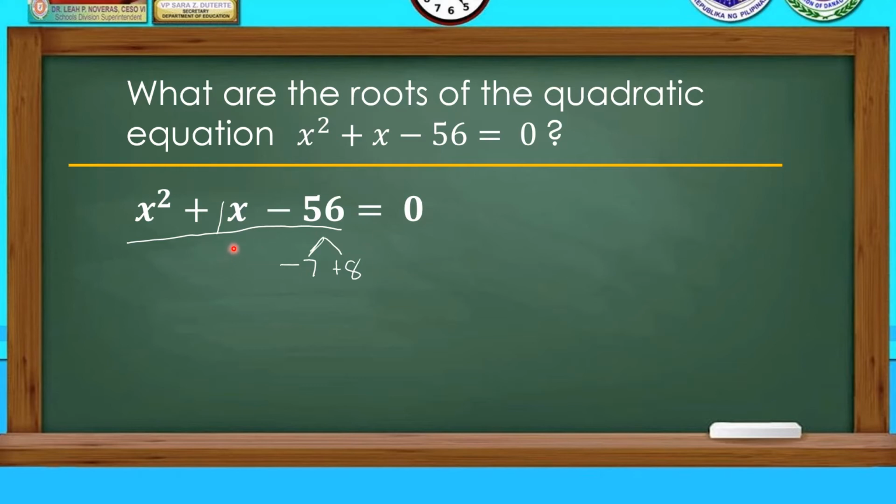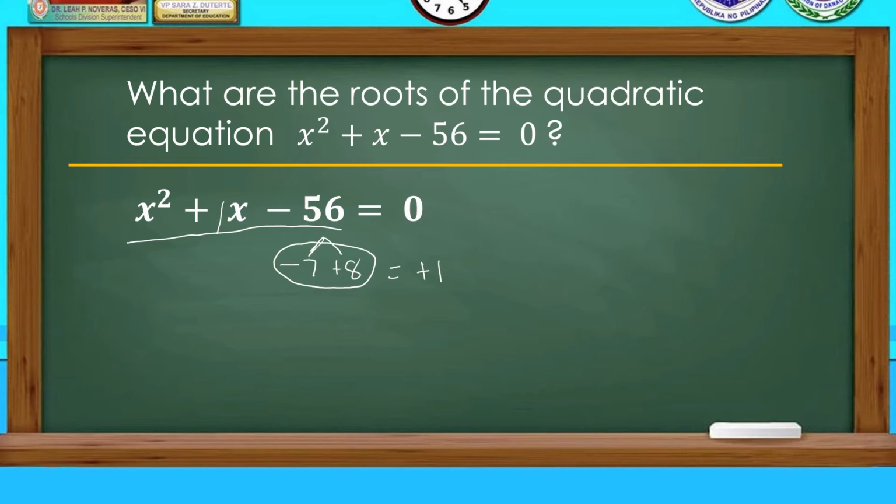Here, 8 is greater than 7, and the sign of the linear coefficient is positive, so 8 takes the positive sign: positive 8.